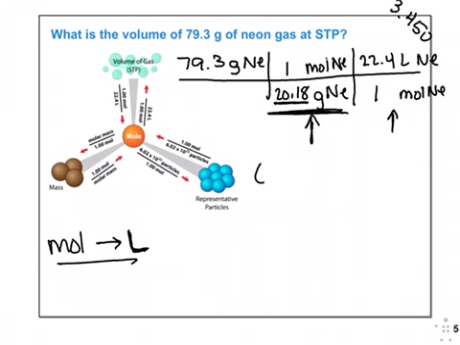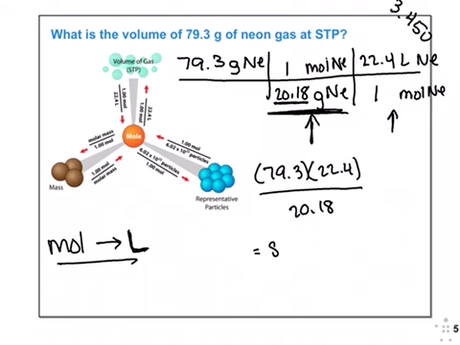Then we can do the math. The 79.3 times 22.4 all over 20.18. I think your answer should lie somewhere around 88 liters of neon.